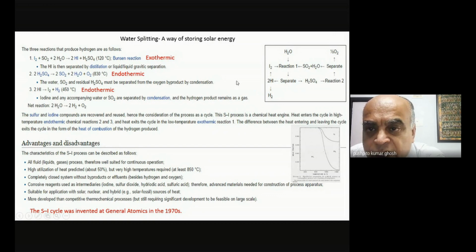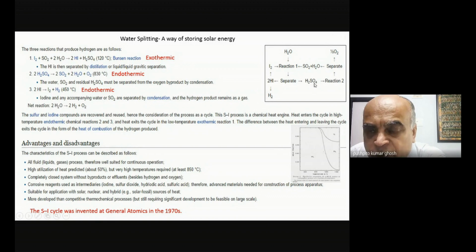I'm just doing a separation here, taking out the H2SO4 and taking out the HI. This HI I then put into the third step, from which I'm getting H2 and getting back my I2 for my reaction.